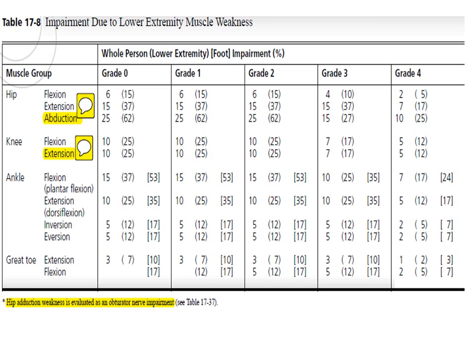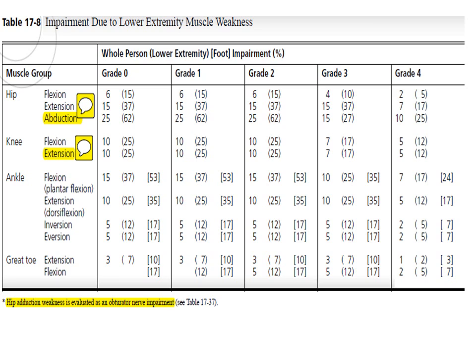For example, loss of hip flexion strength, loss of hip extension strength, loss of hip abduction strength, etc. Now, if you're looking at Table 17-8, notice that the highest impairments are for deficits of hip abduction, which qualifies for 10% whole person impairment due to 25% strength deficit.